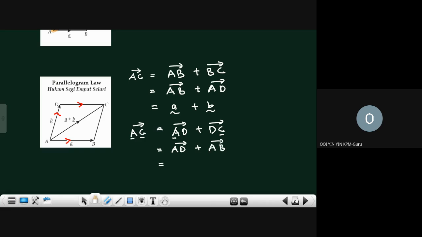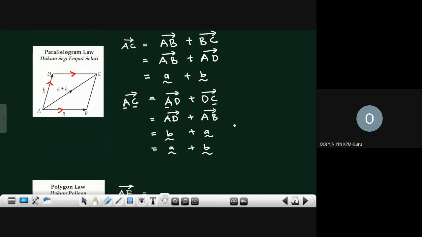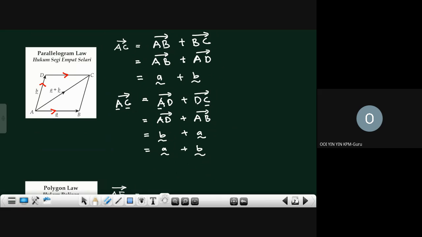Which gives you AD plus AB. Okay, and then these two, always you can interchange the place. You can rearrange the vector, then you also get the same AC. So basically, there is more than one direction that can give you the resultant vector AC.